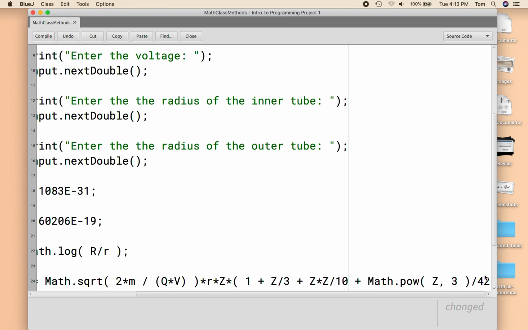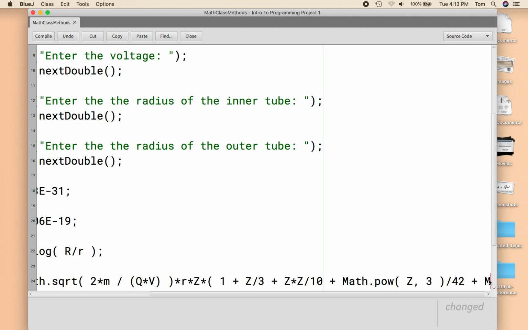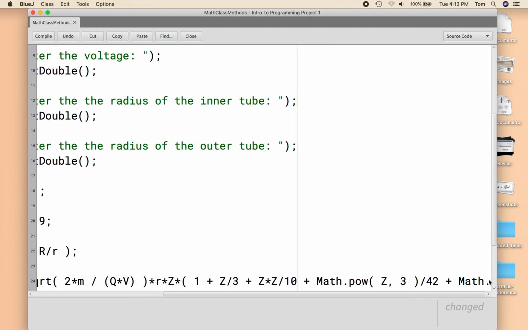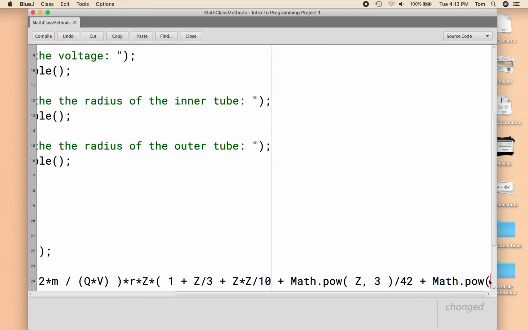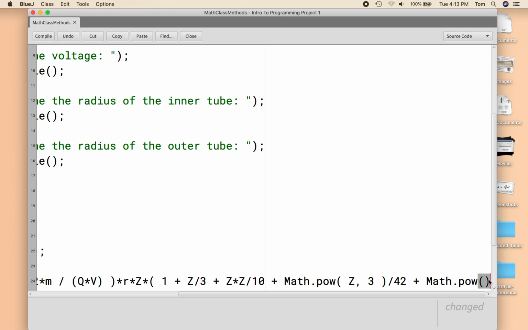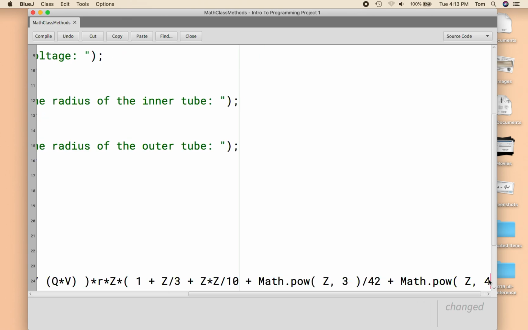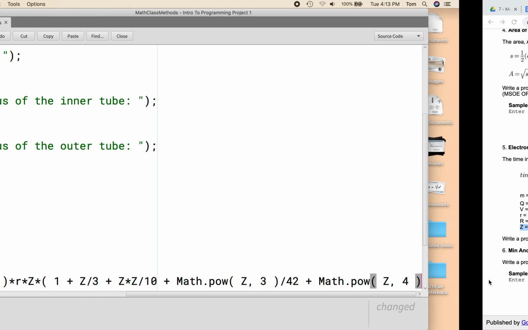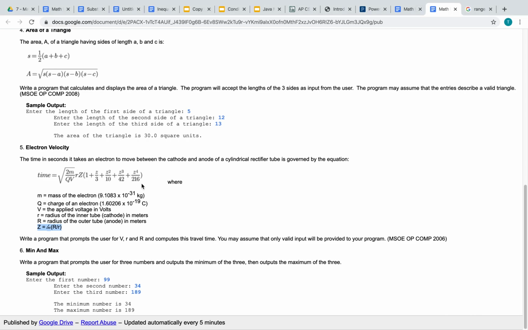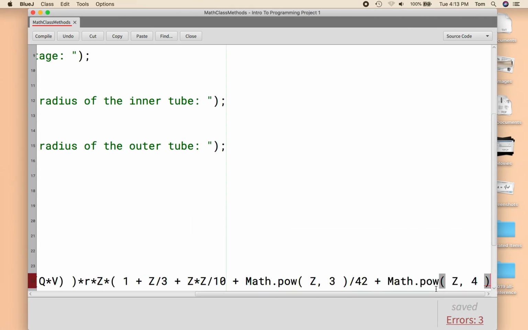And then we've got one more piece that we're going to add onto this. This is getting pretty long, but hopefully you can just rewind and fast forward and get to where you need to be. So we want to do math.pow again, and that's going to be z to the fourth, and z to the fourth is divided by 216.